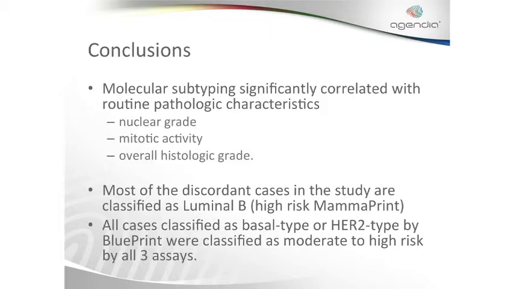Low risk by most of these tests are low risk, and the patients who are, probably in the luminal A category. The patients who are luminal B, which are high risk but luminal types, again, there was discordance in that group as we saw. All cases classified as basal or HER2 types were all high-risk patients on all studies. So that's a nice piece as well to glean from all of this.